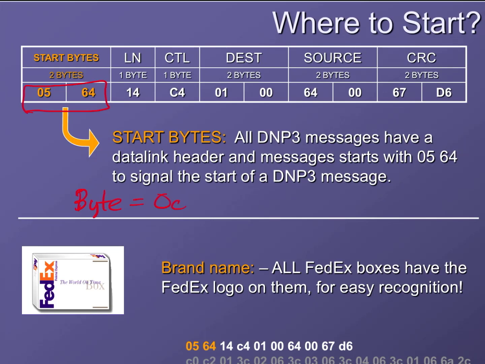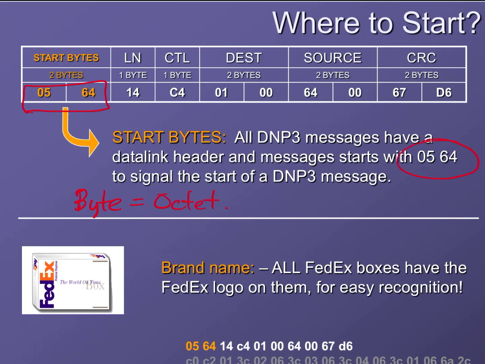A byte equals an octet. Okay, so we know a byte is 8 bits, and DNP sometimes refers to 8 bits as an octet. So the start octets, or the start bytes, are 0564. That's clearly identifying this as a DNP message.